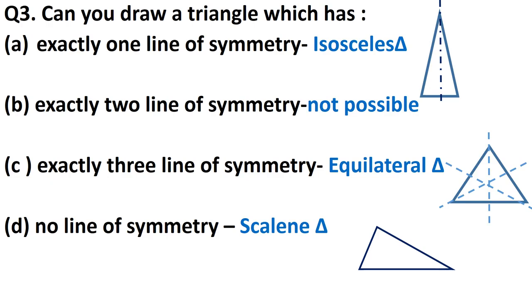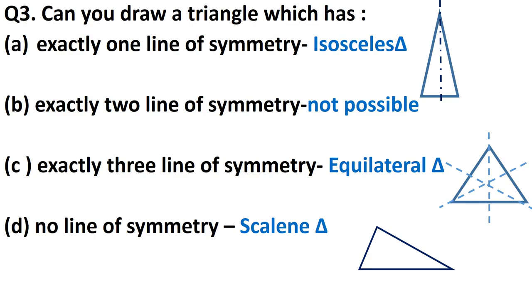Is the chapter clear to you now? The best method to understand this chapter is to make cutouts of various figures, whether I have given them to you or not. Make a smiley face, the shape of a heart, the shape of a balloon, cut it out, then fold it and check which figure has how many lines of symmetry.